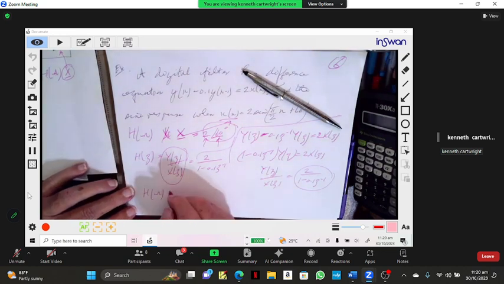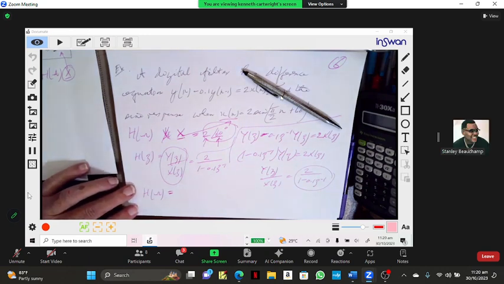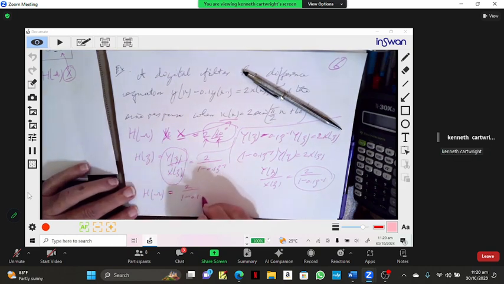So what do we do? How do we get H of omega? Wherever we see z, we put e to the j omega. So 2 over 1 minus 0.1, and because of the -1, it becomes e to the minus j omega.